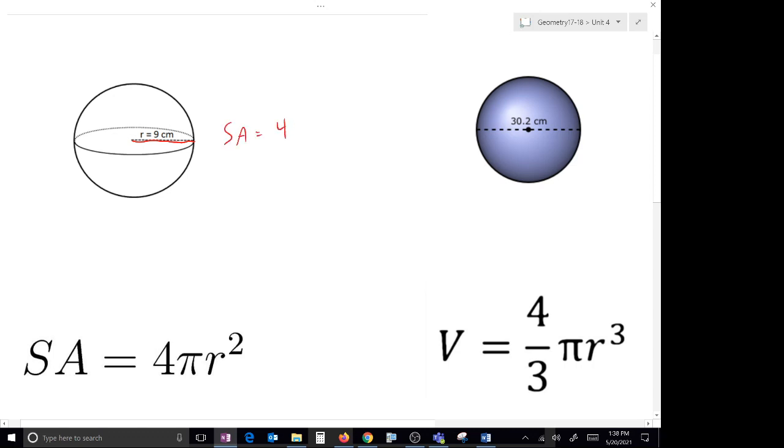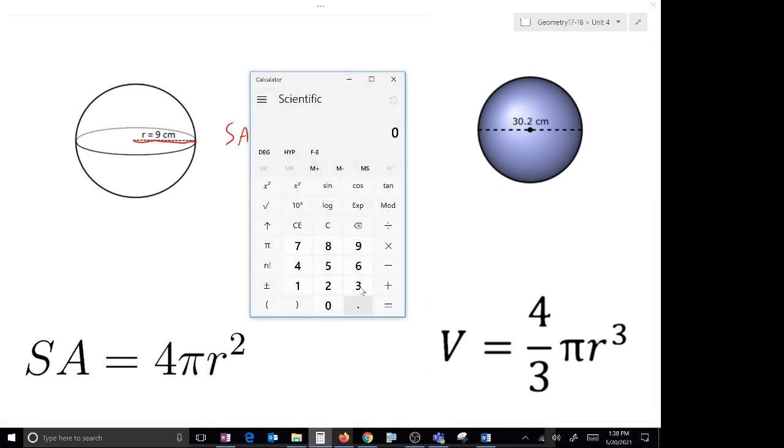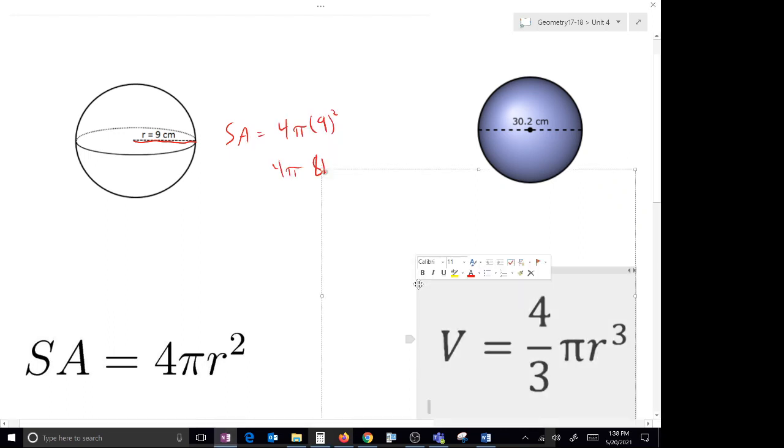Surface area is 4 pi times 9 squared, so that would be 4 pi times 81, and 4 times 81 is 324. So 324 pi as an exact answer.